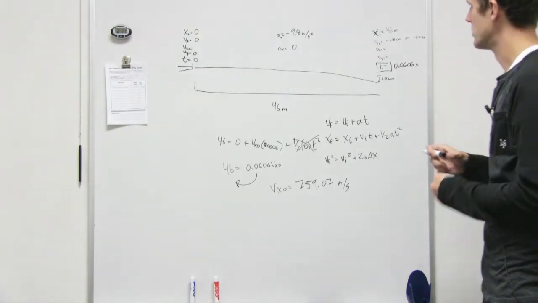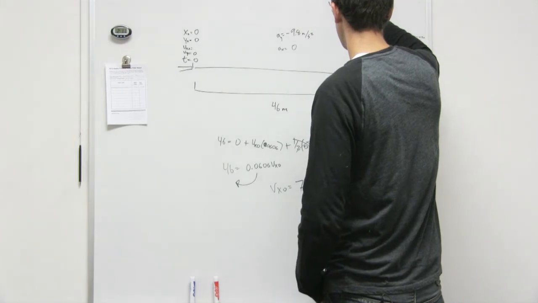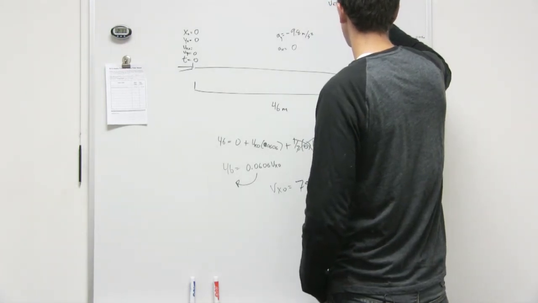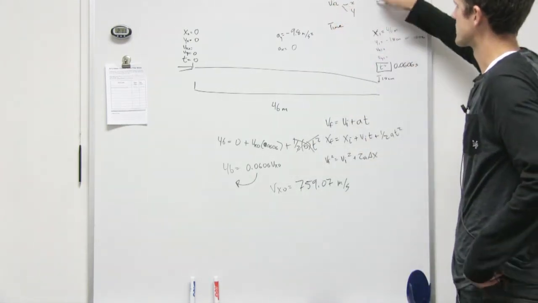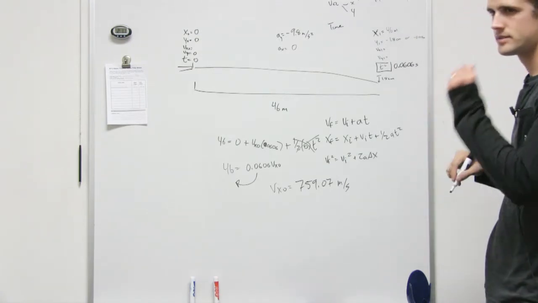You list the position and the velocity in x and y, and the time at each point. And then the acceleration acts in between, in x and y.